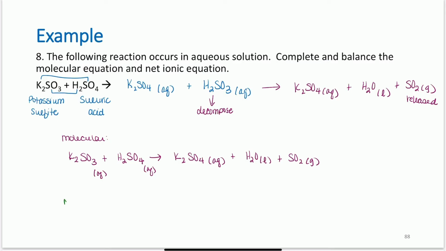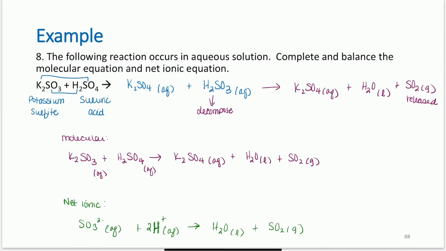Net ionic, I've got SO3 2 minus reacting with 2 moles of H plus, giving me H2O, liquid, plus SO2 gas.